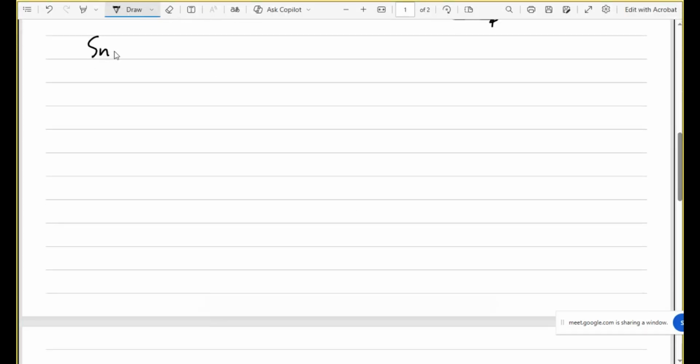Sn is equal to 32 minus 32 into 1 over 2 to the power n. And they ask you to find the sum of 5 terms.